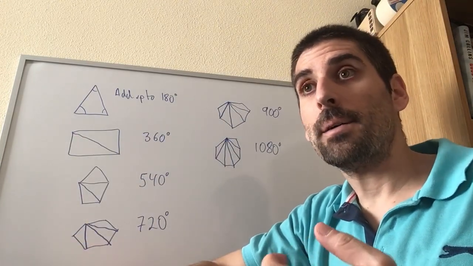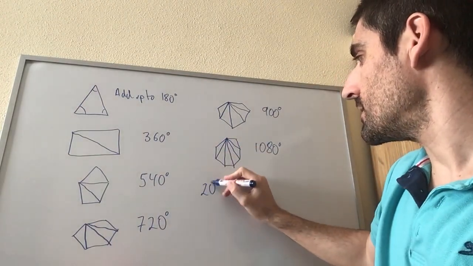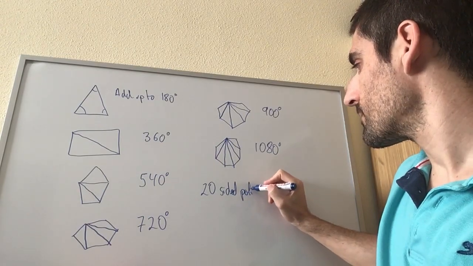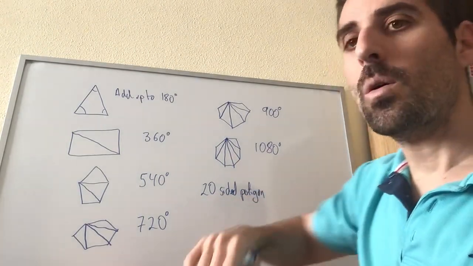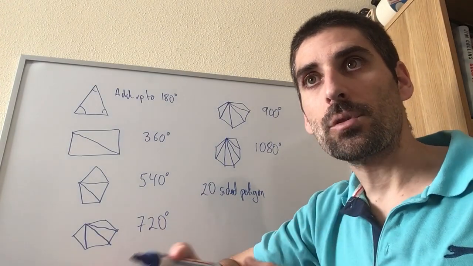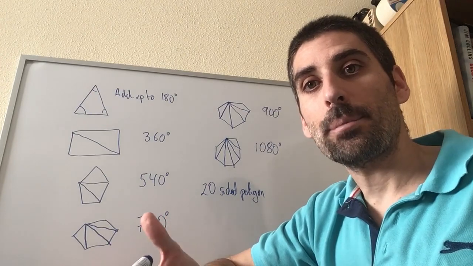So if I have a 20-sided polygon, what do the interior angles in a 20-sided polygon add up to?